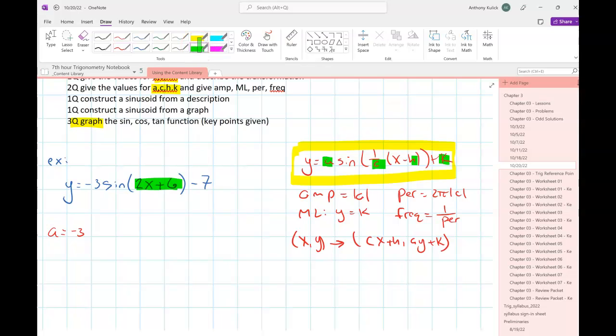I need to factor this in here, right? So how do I factor 2x plus 6? Yeah, we take the 2 out, and we're left with x plus 3, right?